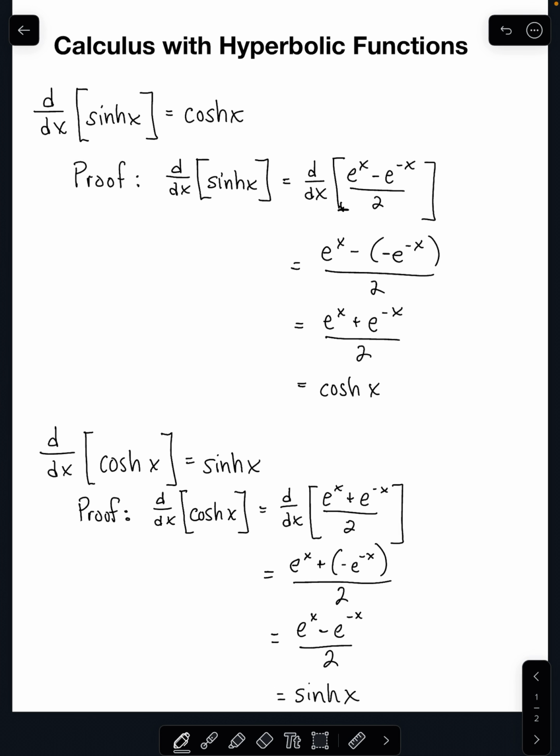So in terms of derivatives, the derivative of hyperbolic sine and the derivative of hyperbolic cosine simply are each other. No negatives picked up along the way, which certainly makes our lives a bit easier. On the other hand, it does make this easy to confuse with the derivatives of the trigonometric functions, so be very careful.